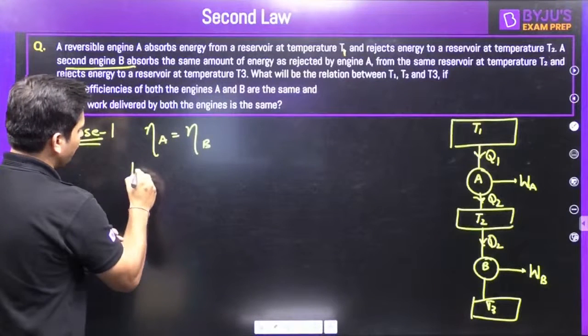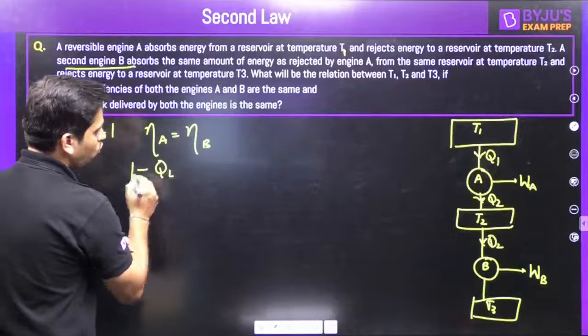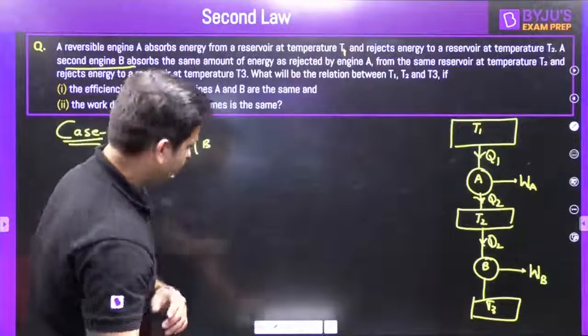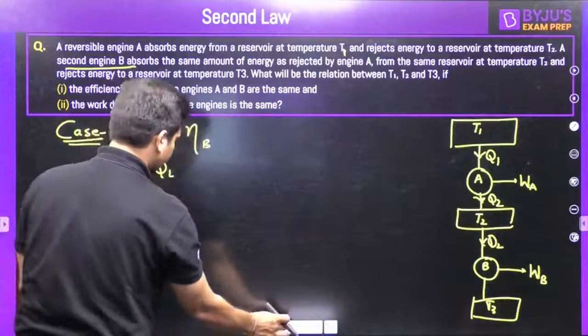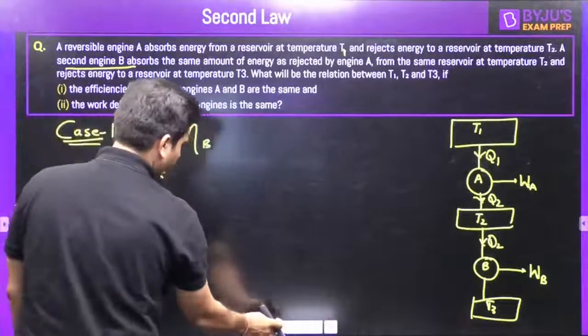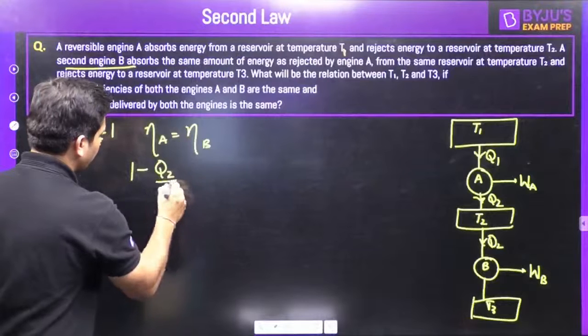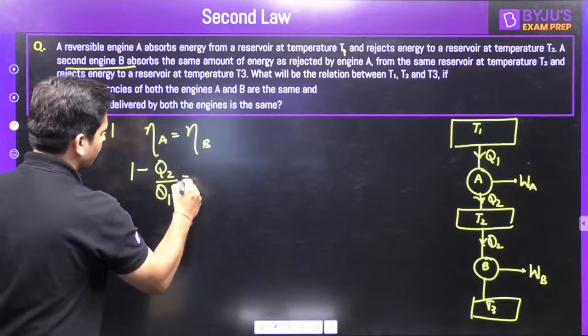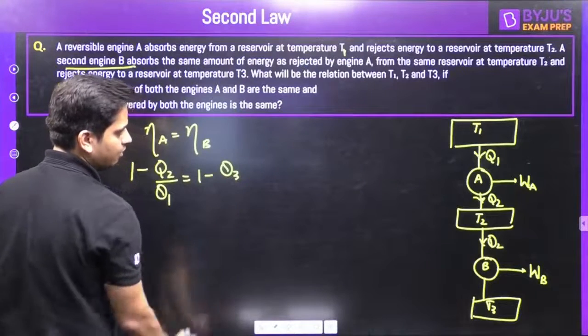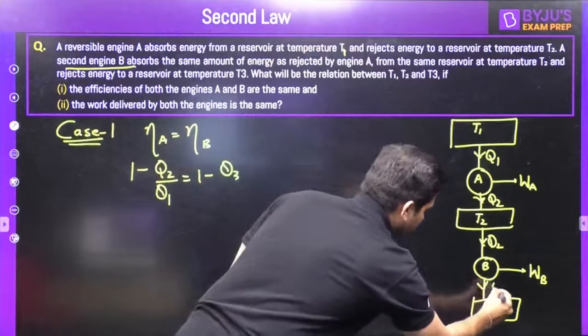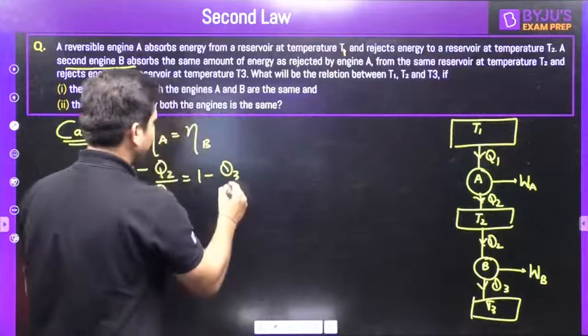So 1 minus Q2 by Q1 is equal to 1 minus Q3 by Q2.